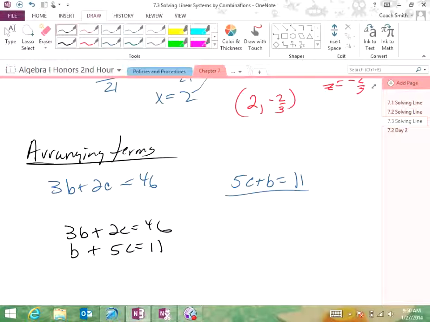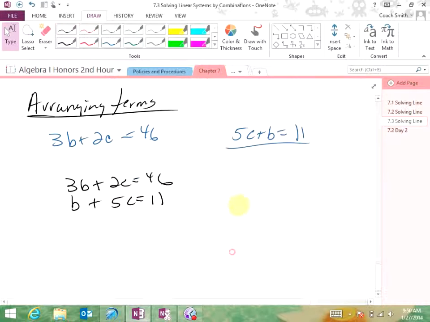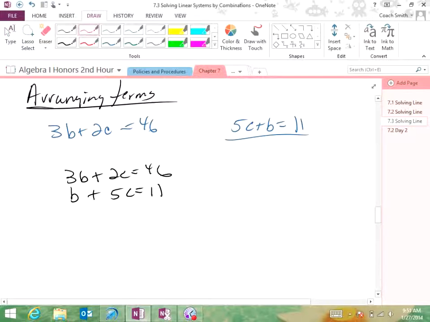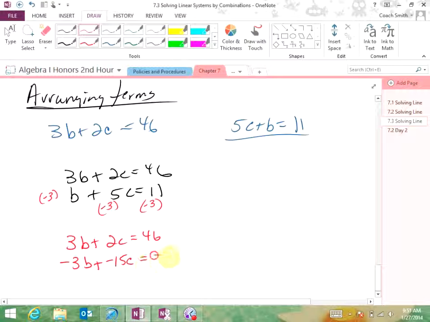So now you've got to use one of the two ways, either the multiplication or just by adding opposites. So I'm going to use the multiplication. And what I'm going to do is multiply the bottom part by negative 3. And that gets me 3b plus 2c equal 46, and then negative 3b plus negative 15c equal negative 33.